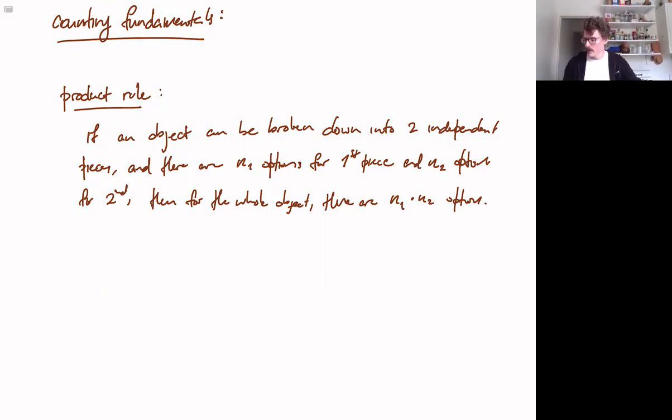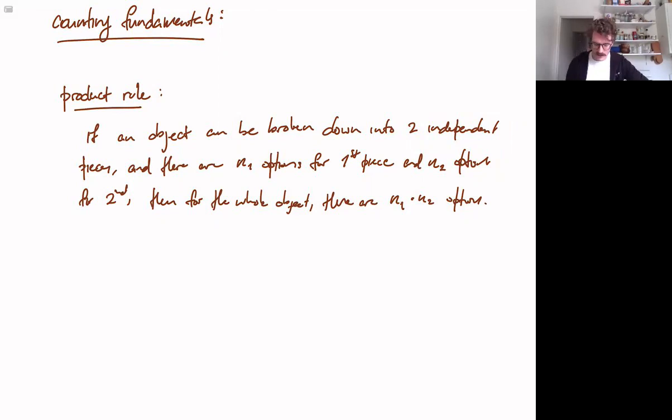If you have something that you can break down into 2 independent pieces, by independent pieces, I mean you can choose anything for this piece and anything for this piece, and there's no restrictions between them. So any choice can go with any other choice. Then to find the number of things that you can get for the total object, you just multiply the number of things you can get for each piece.